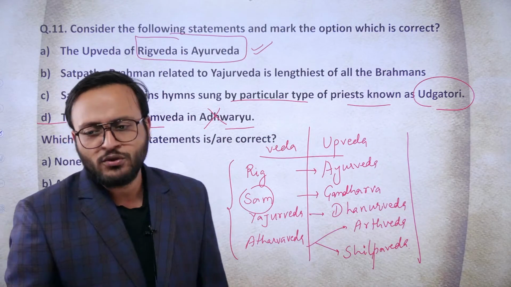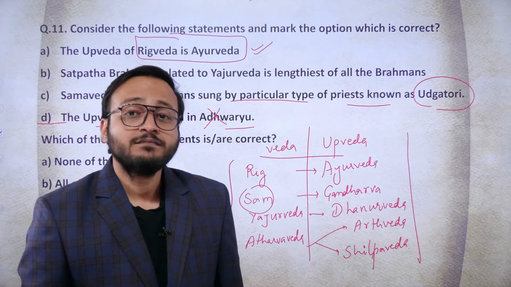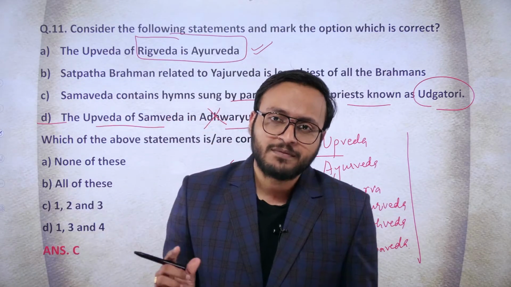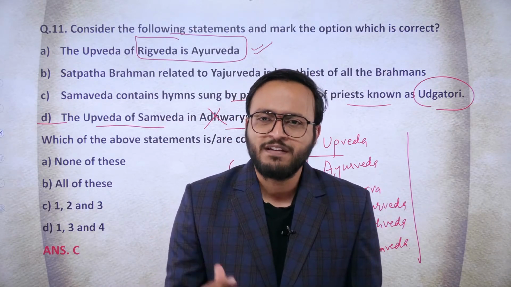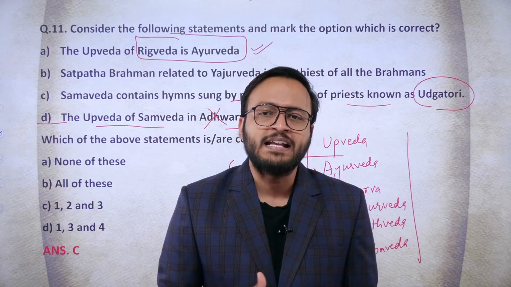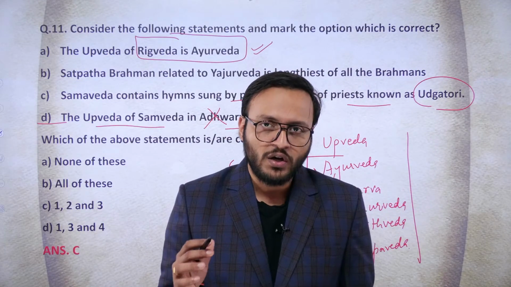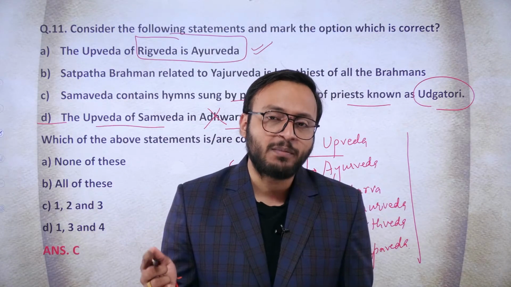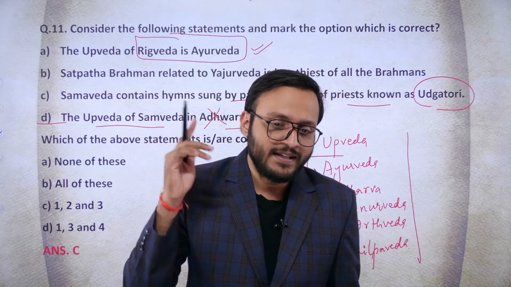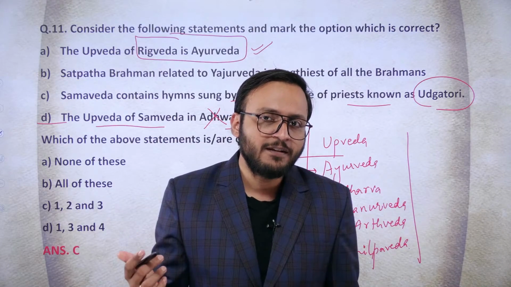Udgatri, absolutely correct. In fact, the hymns of the Rig Veda, they are sung by the specific type of priests called as Hotri, and Samaveda is sung by Udgatri. In Sanskrit it is called Udgatri.